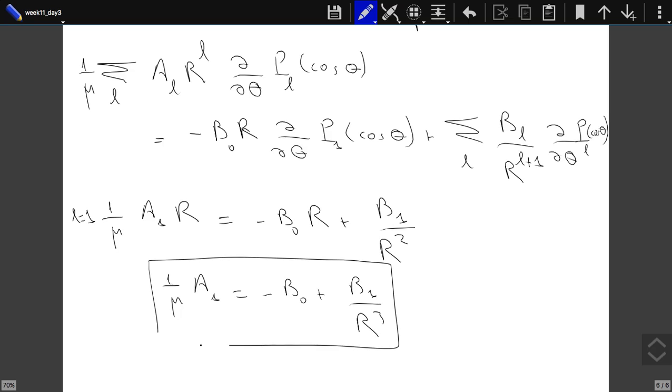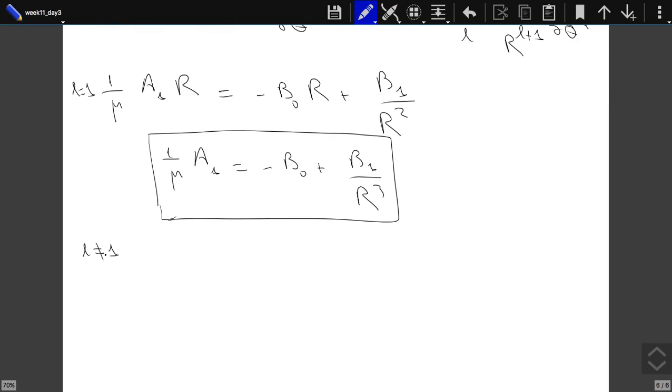This is one equation we have. Well, just a warning. The B0 appearing over there is not the L equal to 0 coefficient. Okay, some bad notation. Sorry for that. But that B0 is not the L equal to 0 component, it is the magnitude of the B field.